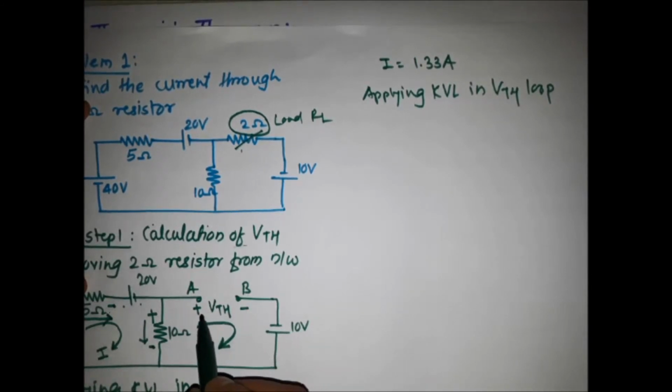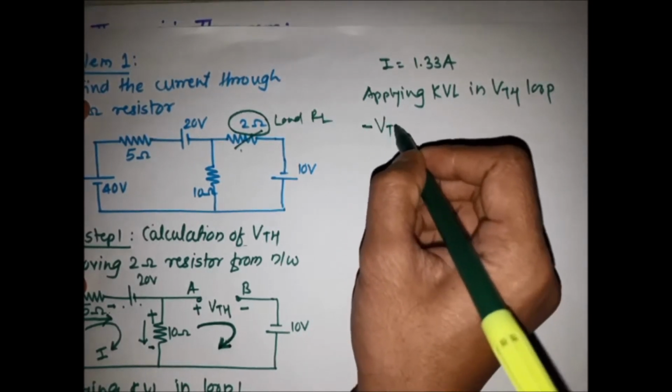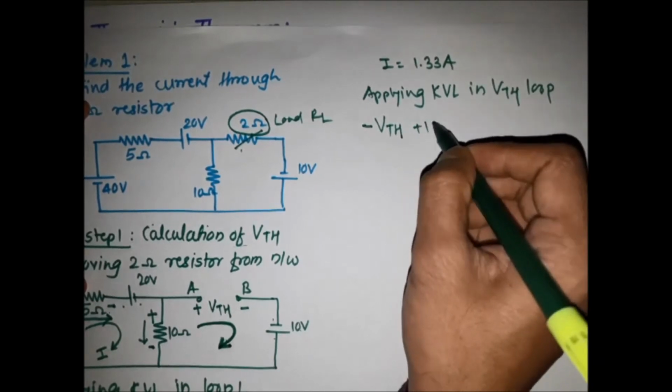Now suppose I am starting from the VTH, my direction which I consider for applying the loop, it is clockwise, so it is plus to minus, so I am considering it minus VTH. For the 10 ohm it is minus to plus, so simply it is plus 10.